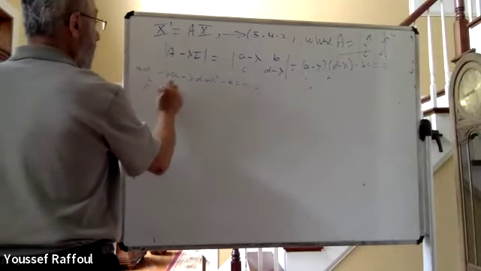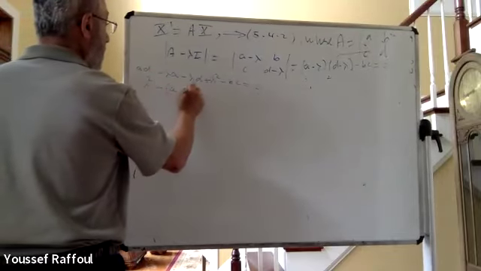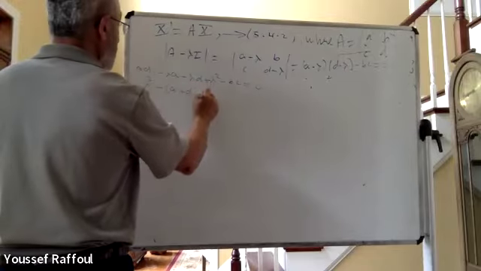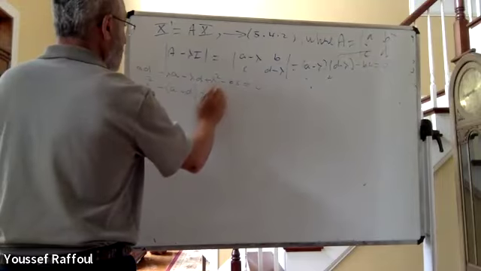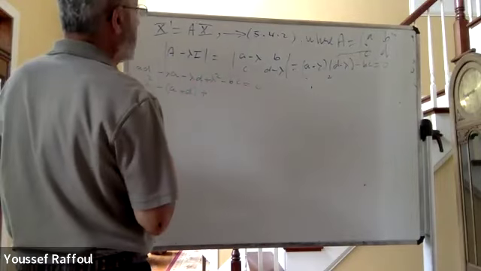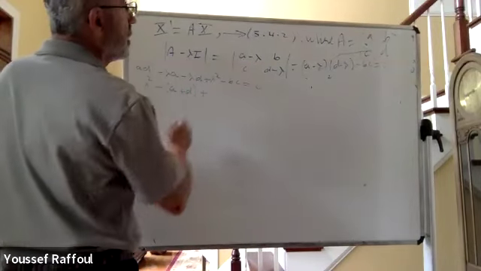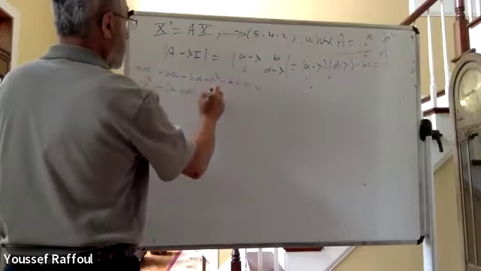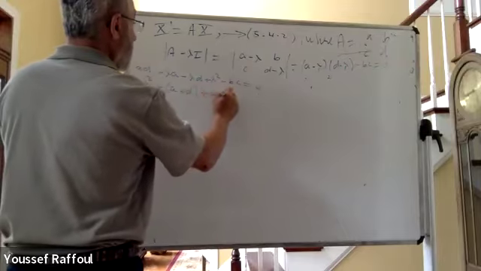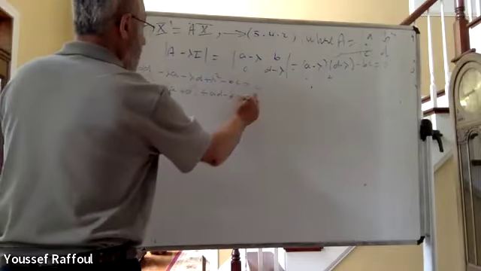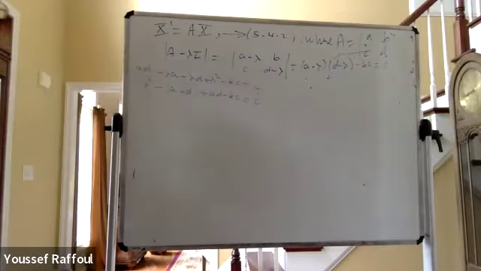This is lambda squared minus (a plus d) lambda plus ad minus bc equals 0.